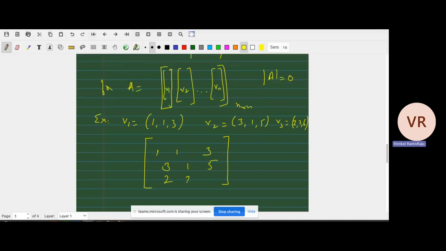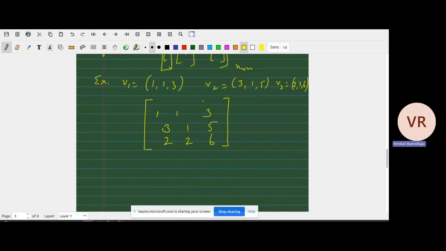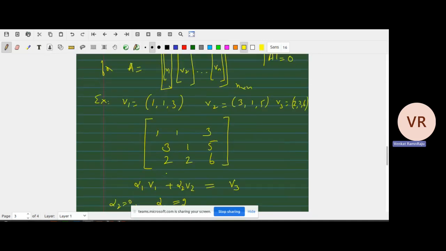By the reworded definition earlier, we can see that the third vector is a combination of the other vectors, such that alpha 1 v1 plus alpha 2 v2 is equal to v3. Can I say this? Because you see that the third vector is twice the first vector. So you can put alpha 2 equal to 0, alpha 1 as 2, and we get this.